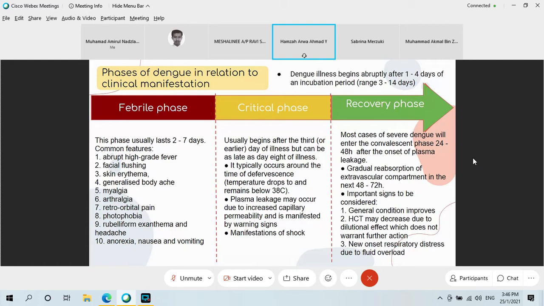The important sign to consider is that the patient is finally improving, and the hematocrit might be decreased due to the dilutional effect, and there may be a new onset of respiratory distress due to fluid overload. Okay, next slide.